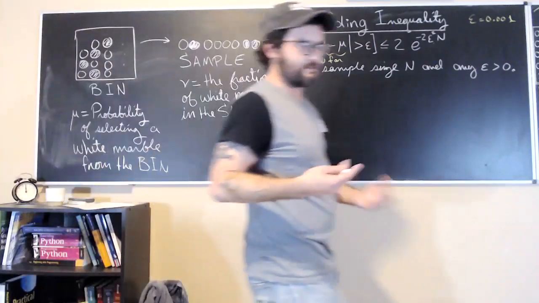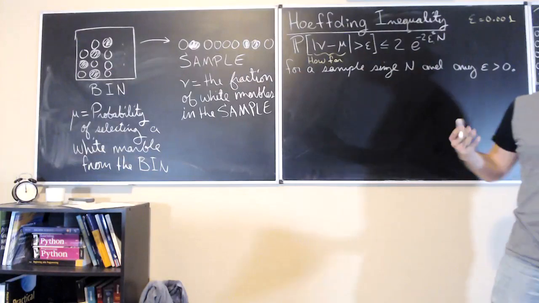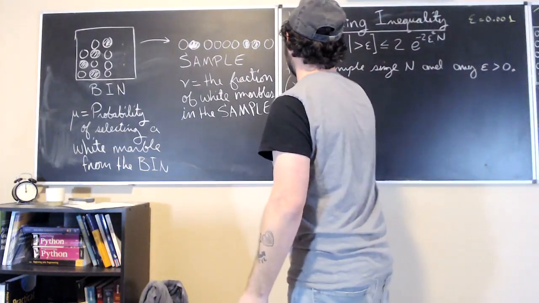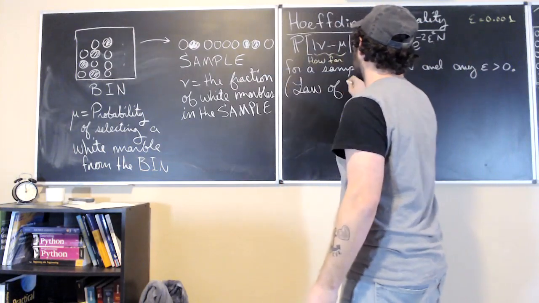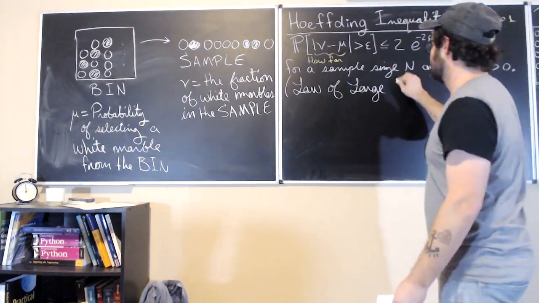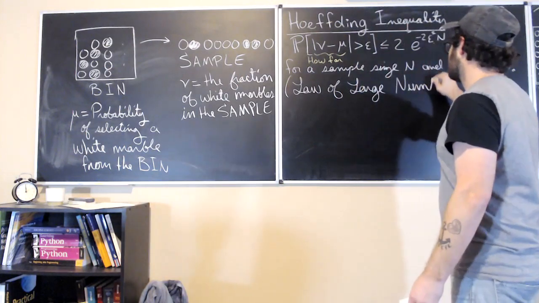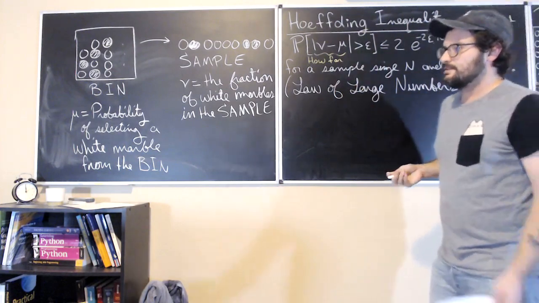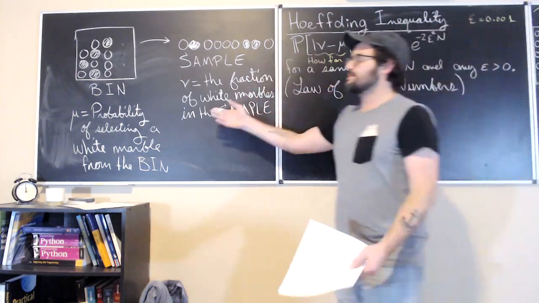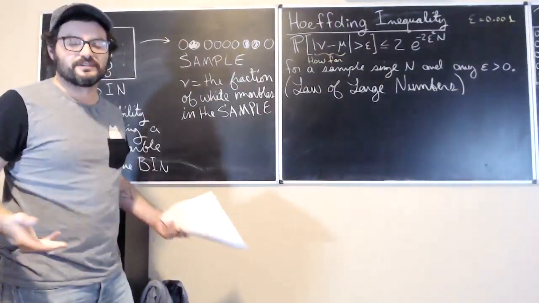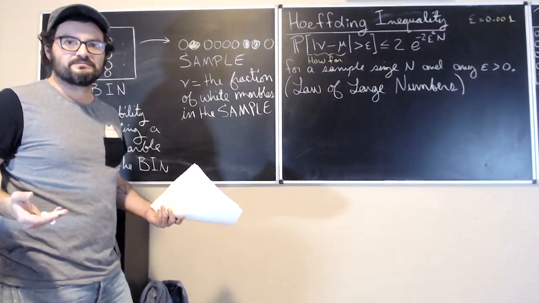This should be from a previous statistics class that somewhere you've seen, and this is related to the law of large numbers. There are several laws of large numbers. Maybe the simplest one you can think of is that the sample mean approaches the population mean when you take the sample large enough. That's another one of these things, right?